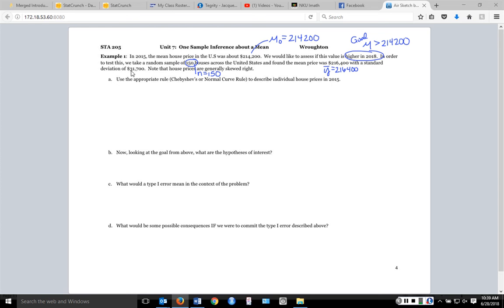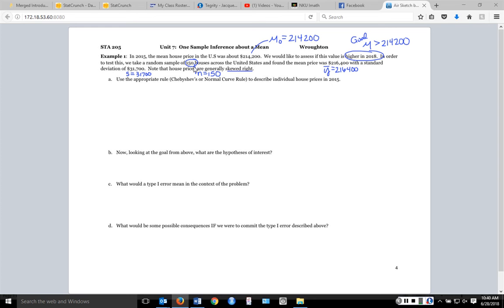Now again, this number is just coming from those 150 houses. So that's why it's a sample standard deviation and not a population standard deviation. And it also tells us that house prices are generally skewed right. So I have an idea about the shape of my data.